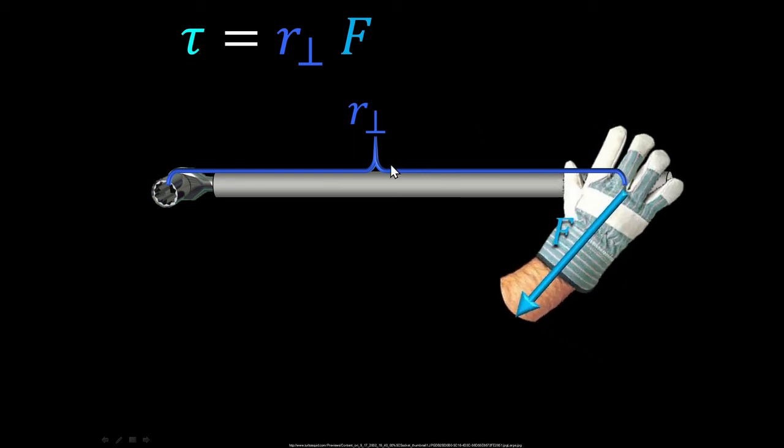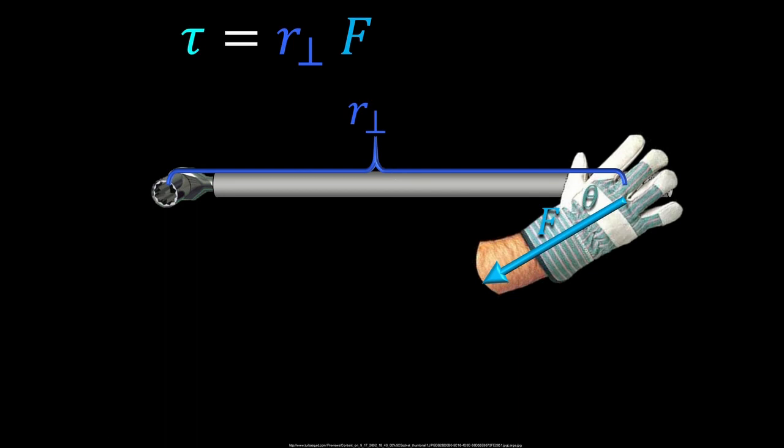But what if I had rotated my hand like this and pulled off in that direction? Well, I'm not going to get quite as much force because this force has to be perpendicular to the radius, that arm there. So what we would do is find a component of the force. How much force that I'm pulling here, how much of that force is perpendicular to that?